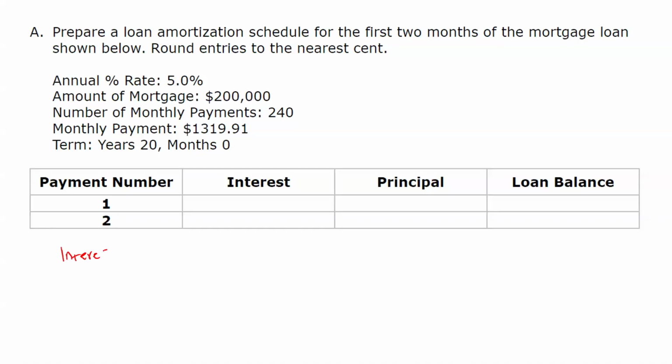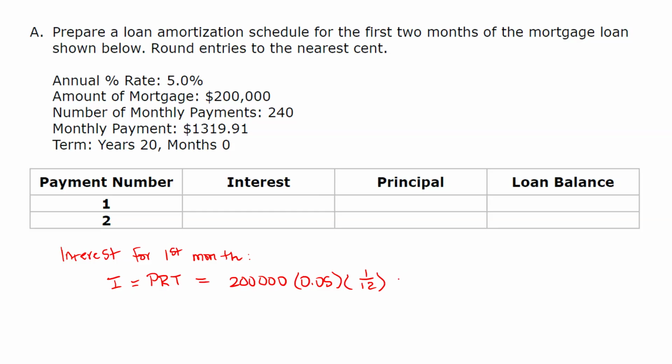The interest for the first month is going to be P times R times T, which equals 200,000, that's the principal, times your rate, which is 5%, times your T, 1/12, because it's the interest of just 1 month.